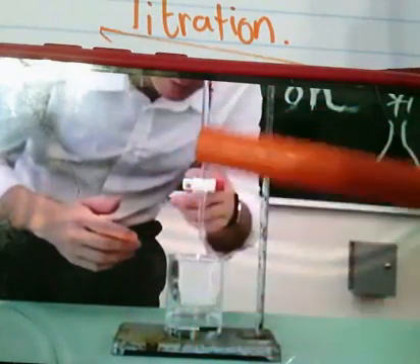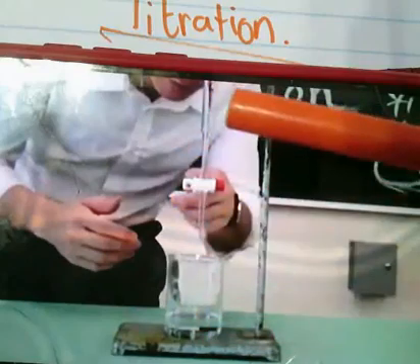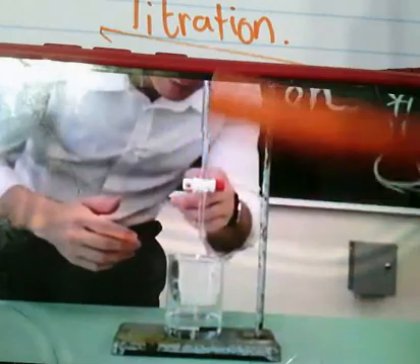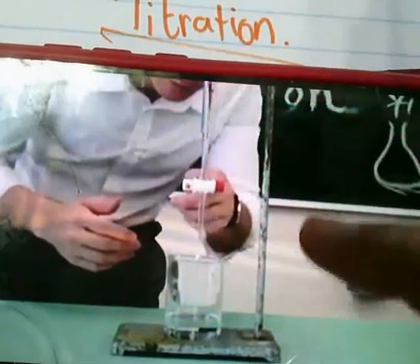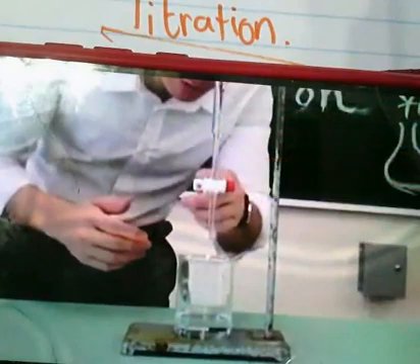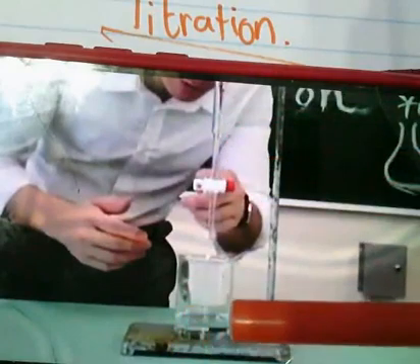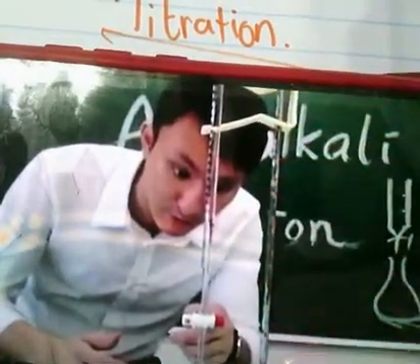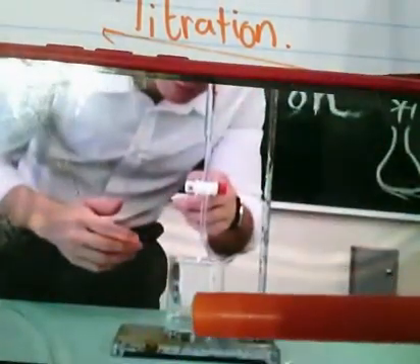Okay, so just again, this is a burette. I'll write down the names now. This is a retort stand and a measuring beaker. Right, so you're going to need a retort stand and a measuring beaker. You're not necessarily going to measure the acid that you put in the measuring beaker with this beaker.